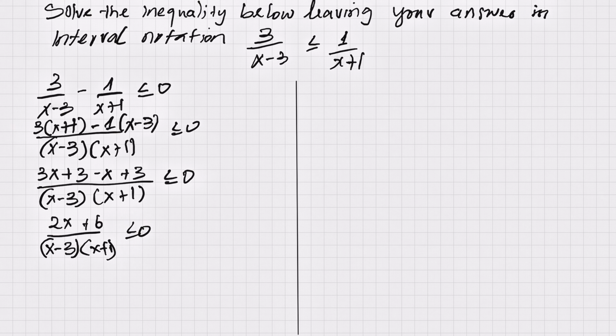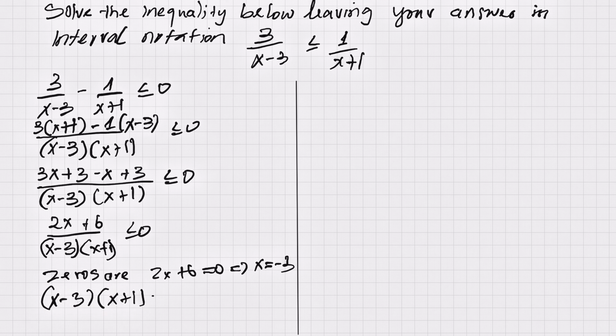So the zeros are: 2x plus 6 equal to 0, which means x is equal to negative 3; x minus 3, x plus 1 equal to 0, which means x is equal to 3, negative 1.